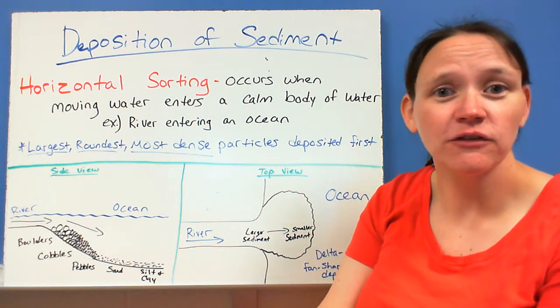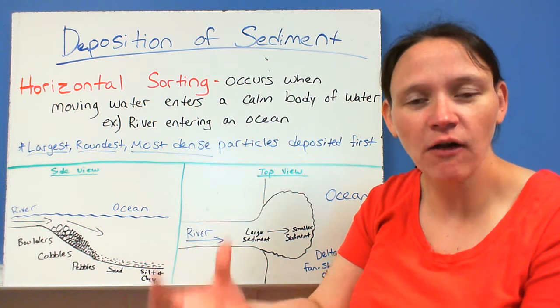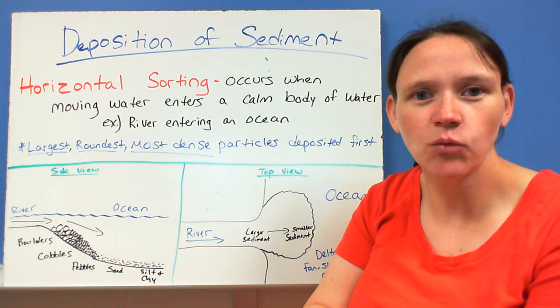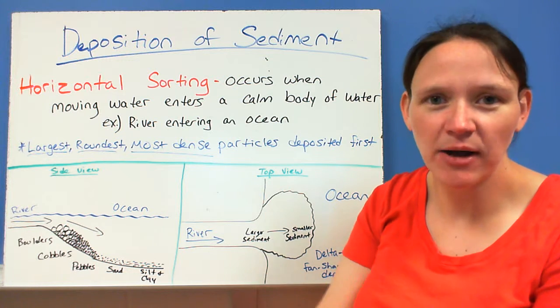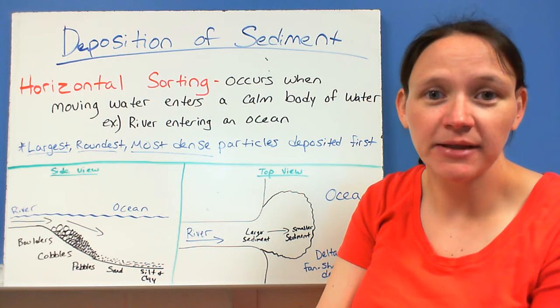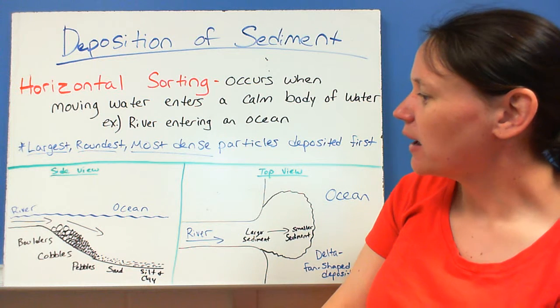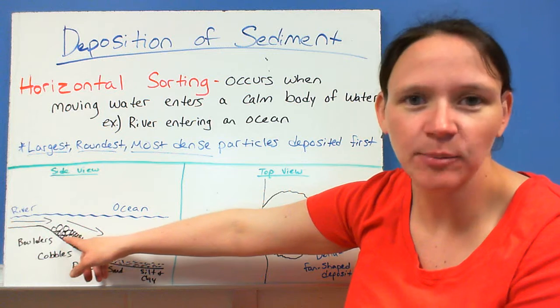When a river enters an ocean or a lake, it's moving quickly, it can carry all of the different size sediment, and when it hits the larger body of water, it also stops very quickly, and it deposits the sediment at the bottom.